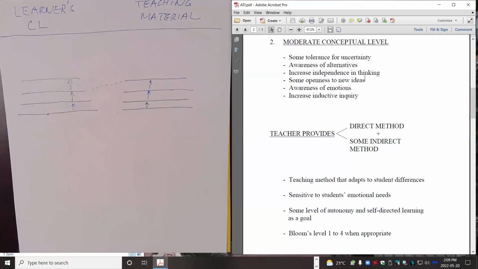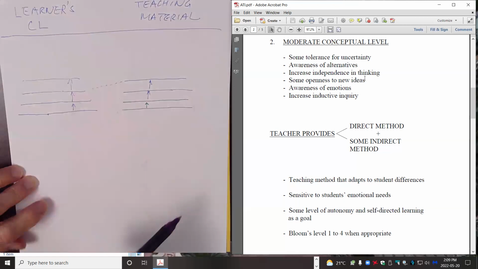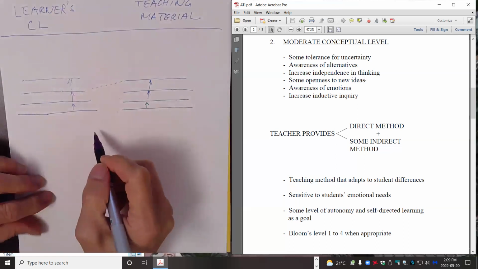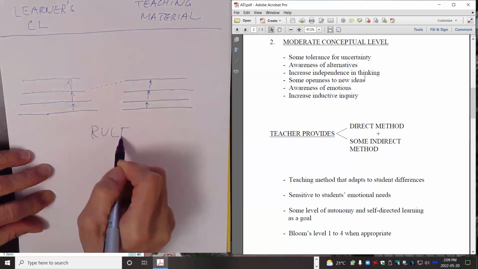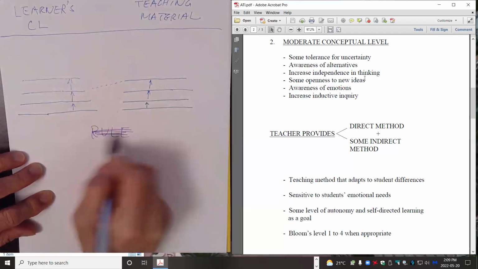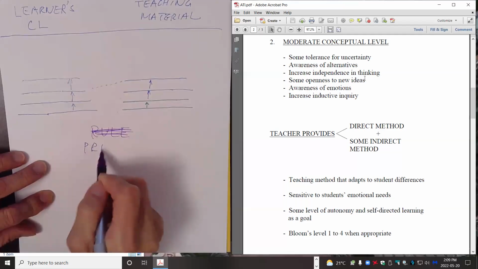Increased inductive inquiry. Remember, inductive is from the bottom up. Say this is a principle.